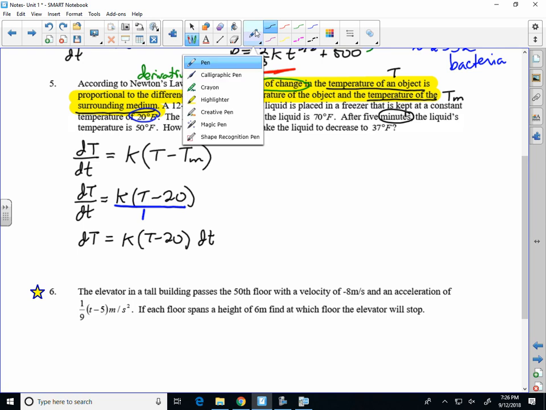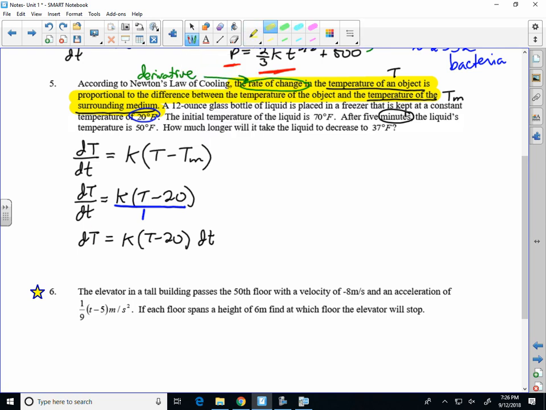But again, I want like variables together. So you see that binomial, capital T minus 20, that's got to go, because it can't be associated with a d lowercase t. Otherwise, the integration process doesn't have the same meaning that we need it to have. So I'm going to divide out the T minus 20.